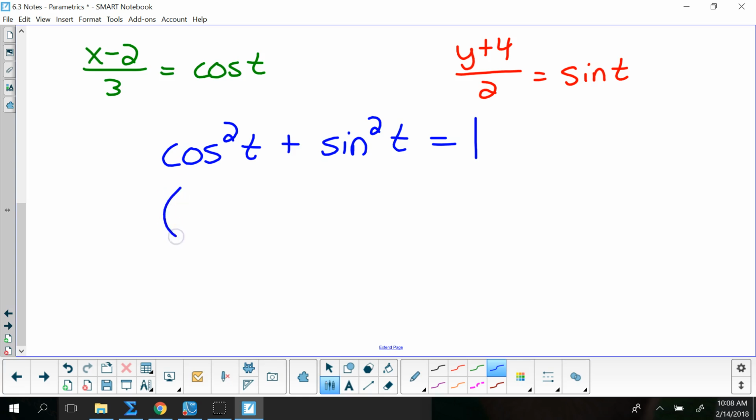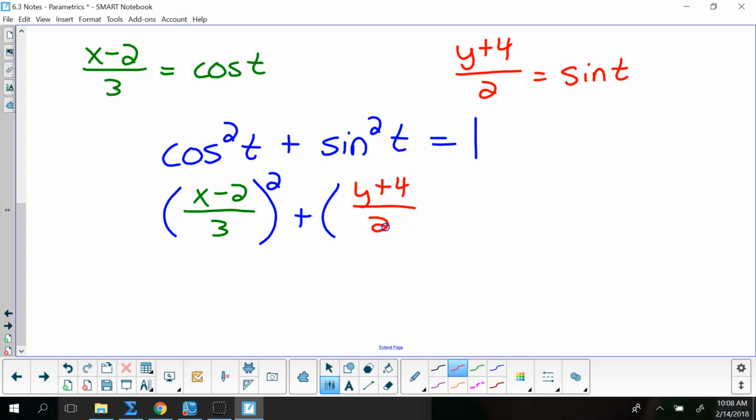So that's going to be x minus 2 all over 3, quantity squared, plus y plus 4 all over 2, quantity squared, equals 1.